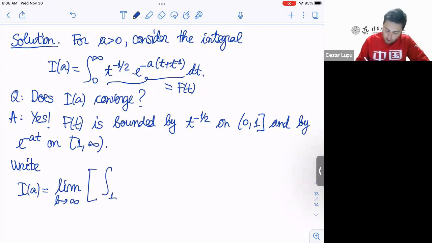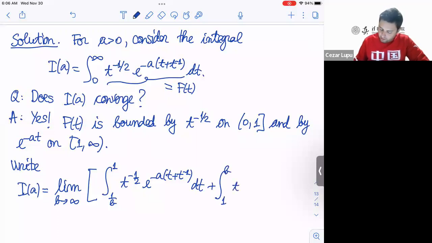The integral from 1 over b to 1. So I'm going to split this integral a bit, of t to the negative 1/2 times e to the negative a t plus t to the negative 1 dt, plus the integral from 1 to b of t to the negative 1/2 times e to the negative a t plus t to the negative 1 dt.